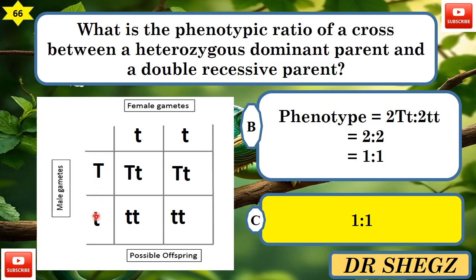It is the capital T gamete we use for the heterozygous dominant, and the small t we use for the double recessive parent. Now, when you do the Punnett square, you will get 2:2. You have 2 heterozygous and 2 double recessive. So at the end of the day, our ratio is 1:1.